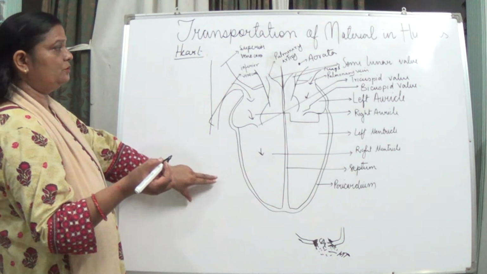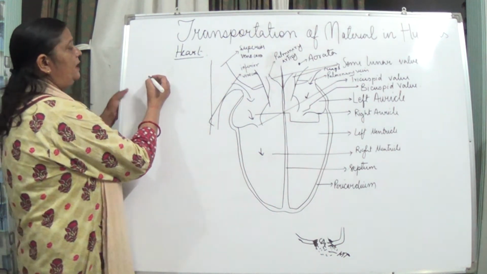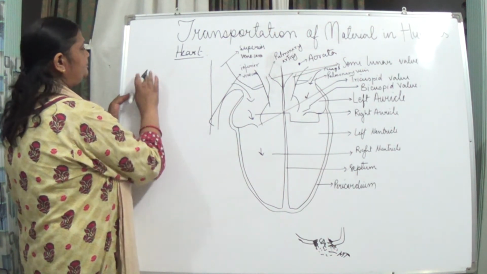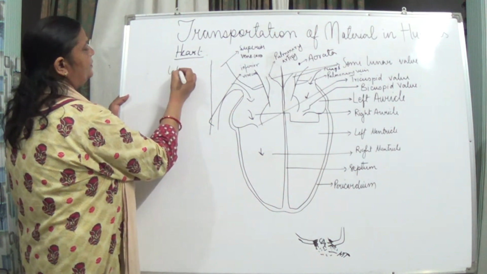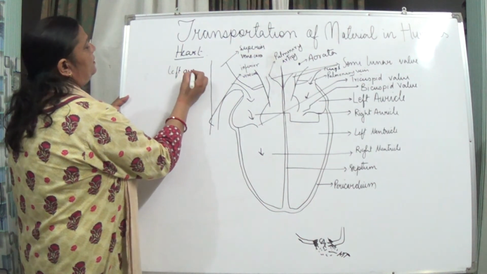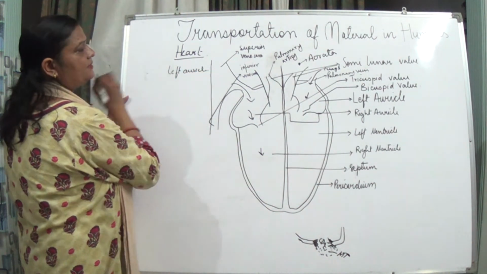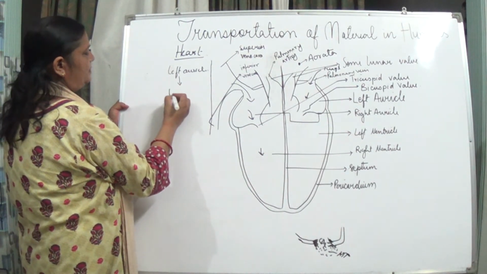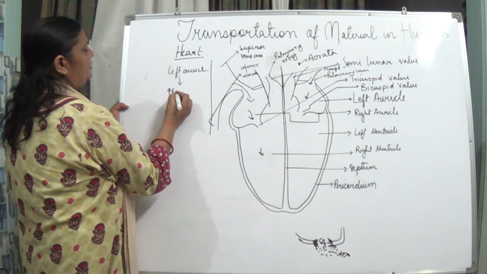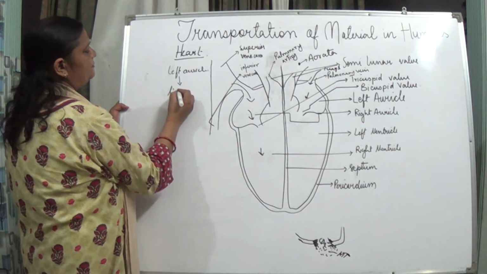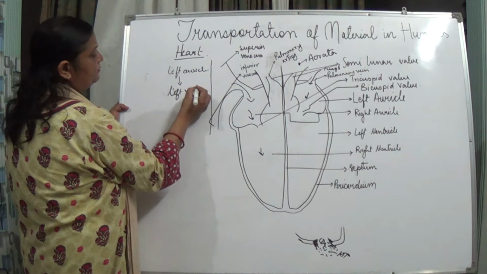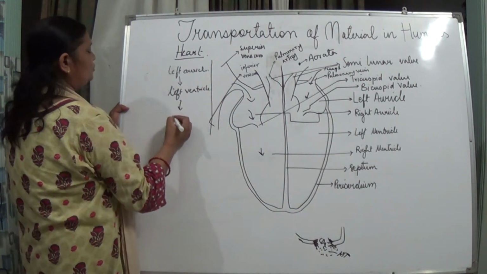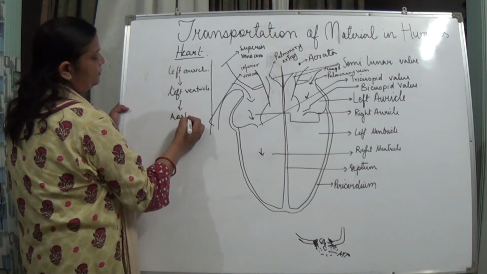So, with the flow chart, let us study it. This I have shown you through the heart, now with the flow chart. The blood is entering where? The left auricle or atrium, you can also say. From here it enters the left ventricle. From the ventricle it moves to the aorta.